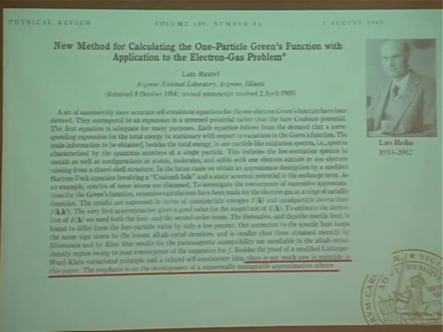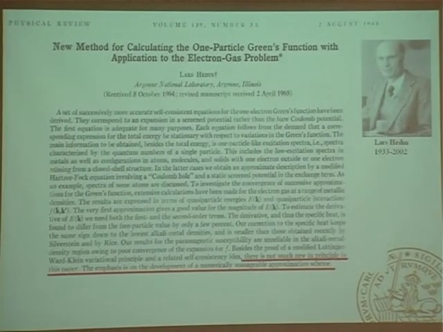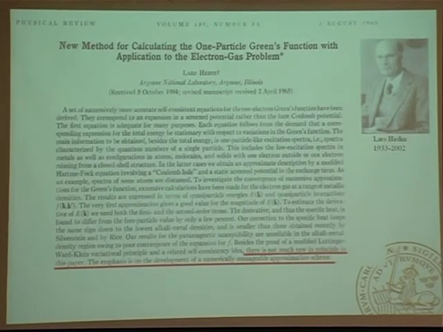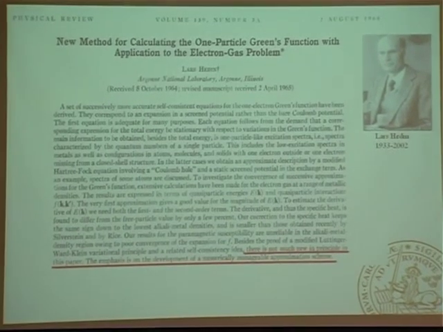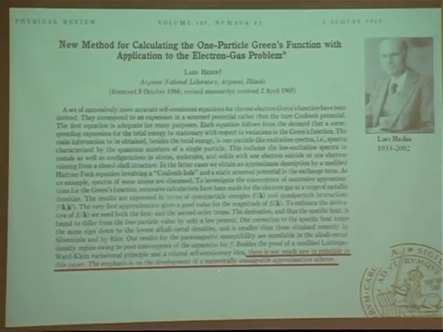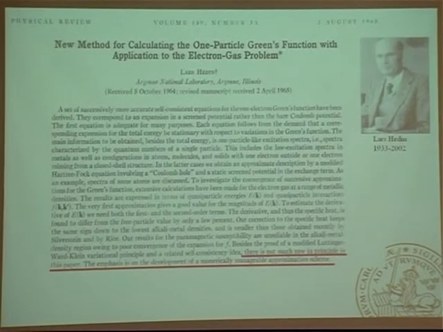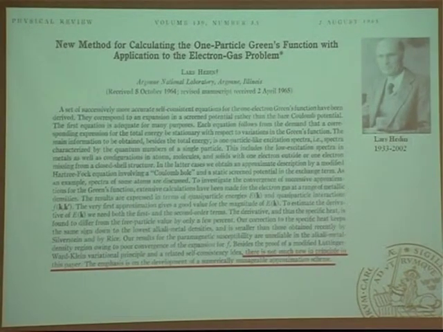It says that there is not much new in principle in this paper, and the emphasis is on the development of a numerically manageable approximation scheme. I guess this is 1965. If you write something like this now and try to submit to PRL or something, it will be rejected immediately, I guess.